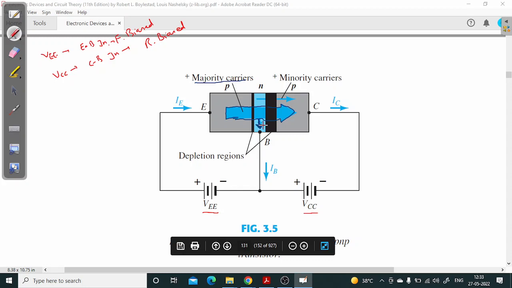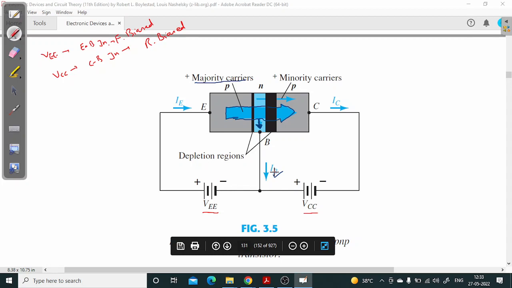So it signifies that a very small portion of these majority charge carriers will deflect away from the direction from emitter to base, and will get deviated towards the base terminal and will form the base current IB, this one.